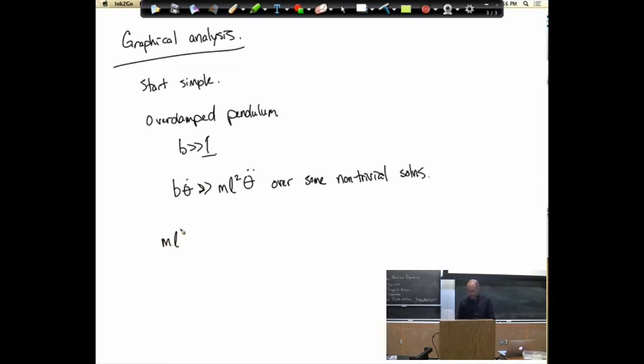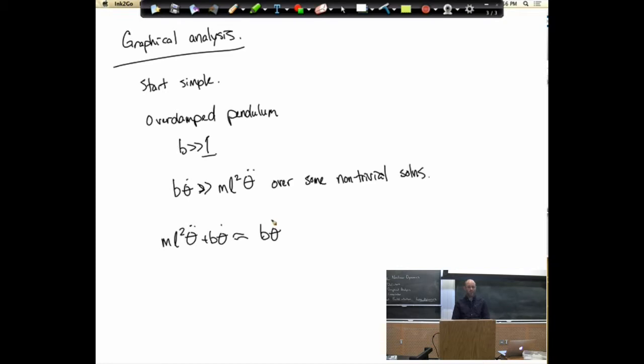So if I take my ML squared theta double dot plus B theta dot plus other stuff, if B theta dot is always way bigger than the ML squared term, then I can approximate this term as just being B theta dot.